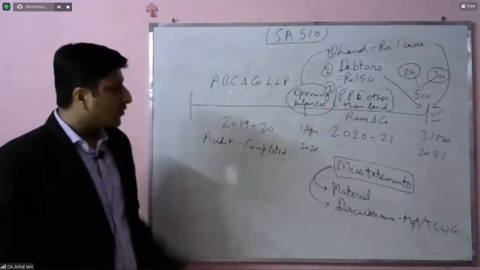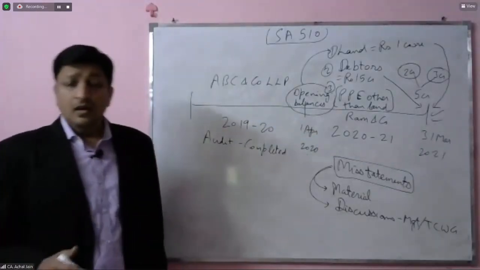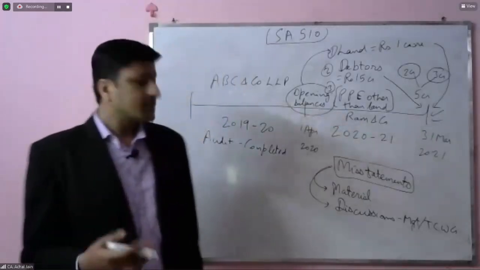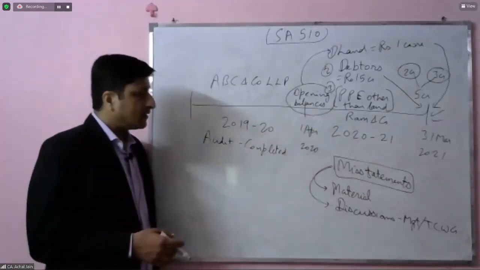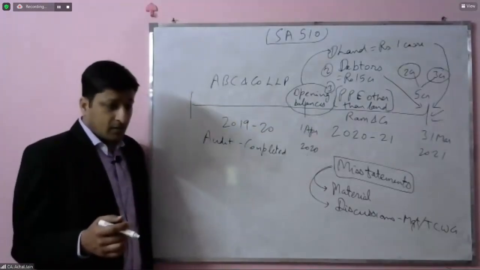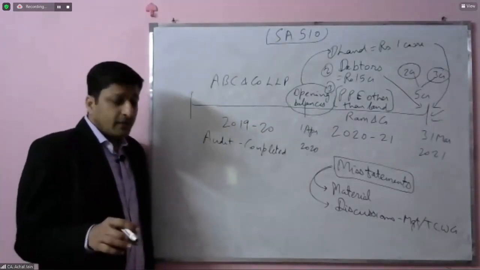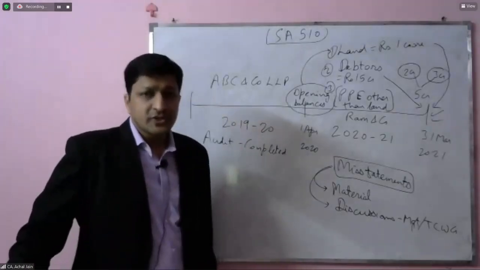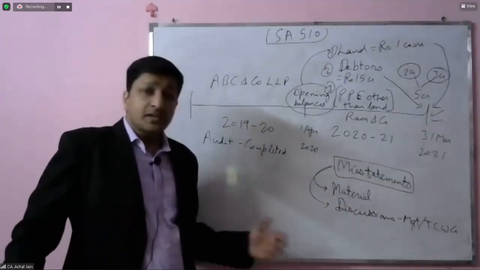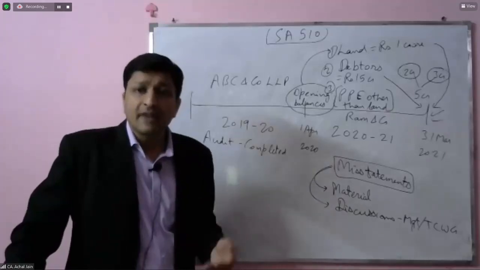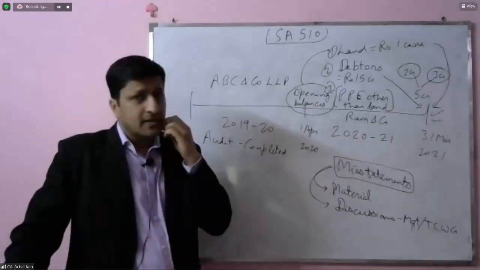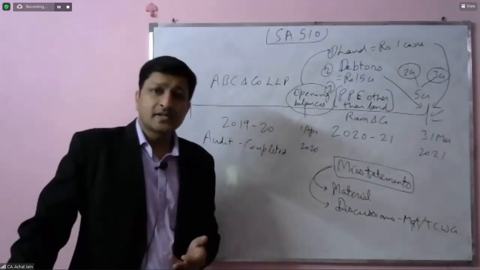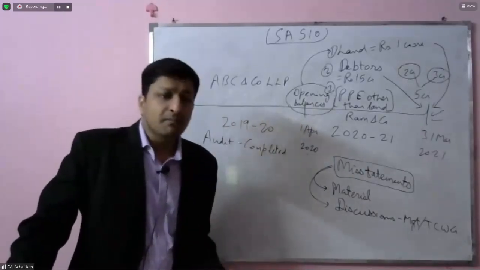For the purposes of the auditor, some of the important things which would then become relevant would be to consider whether he would want to increase his audit procedures, considering the misstatements he may have identified in relation to the opening balances. Because if there are misstatements, then he may want to increase his sample size.